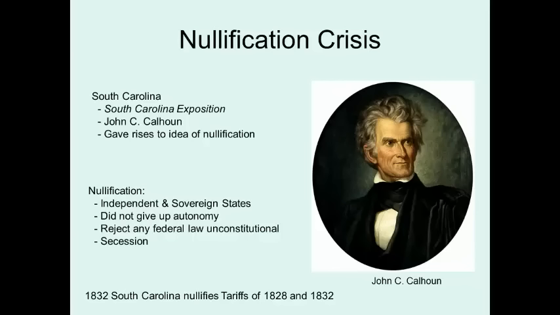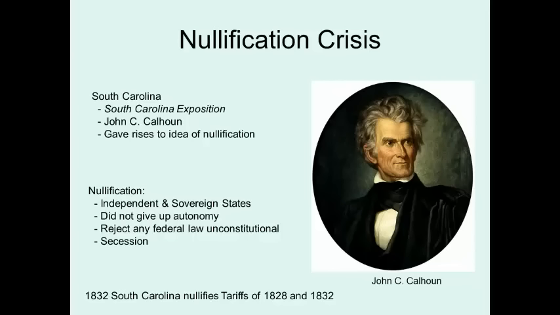And if that's true, if when states joined they didn't give up their autonomy, then it must mean that every state had the right to reject any federal law it deemed unconstitutional. If you're following this logic, if a state never gave up their autonomy, then every state should still have the right to reject any federal law it deemed unconstitutional.